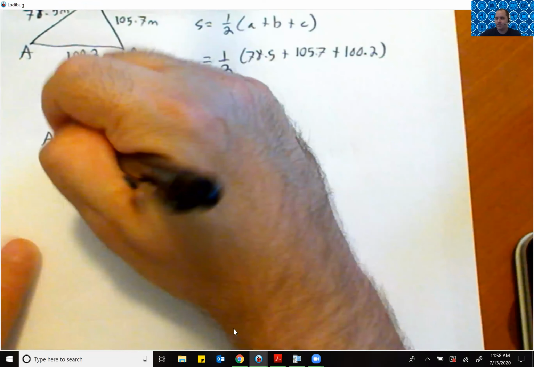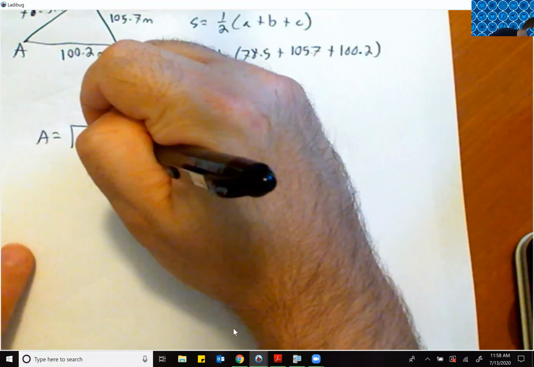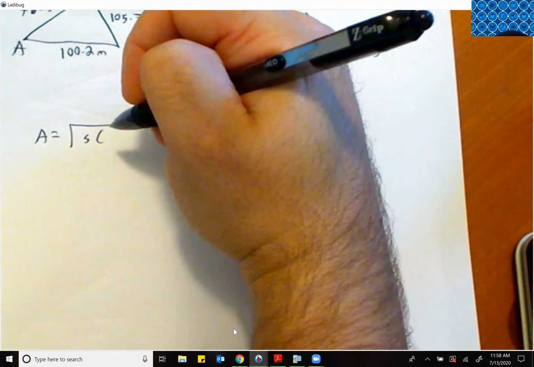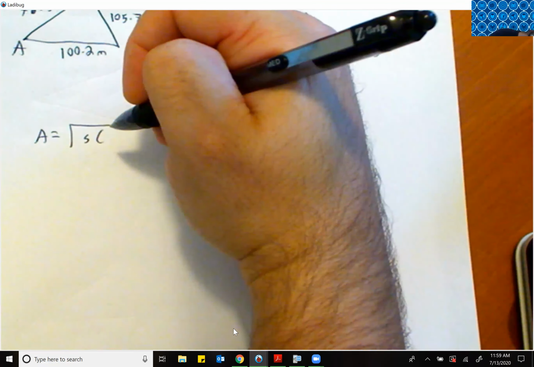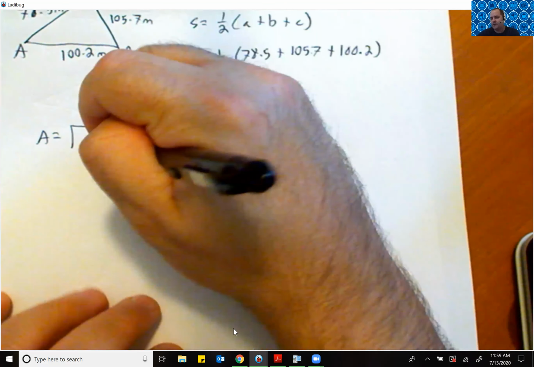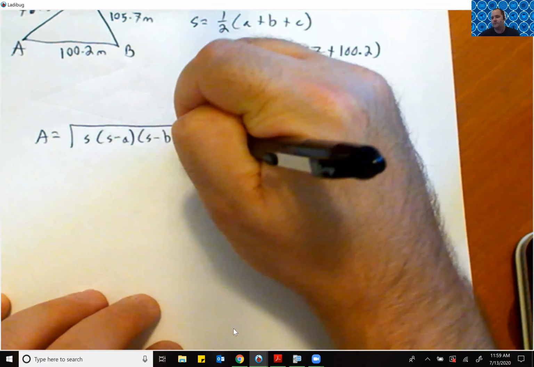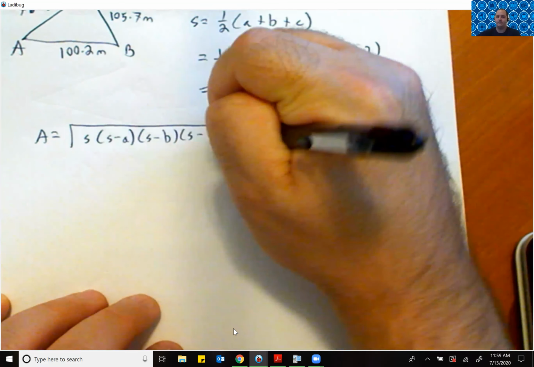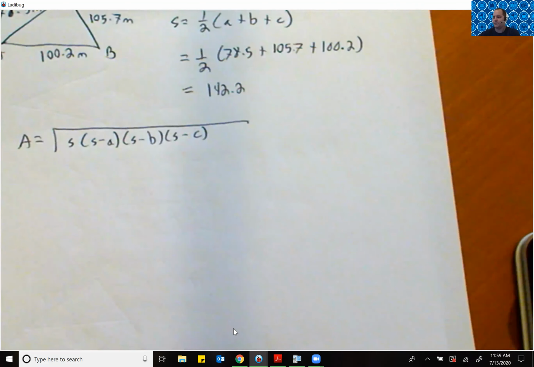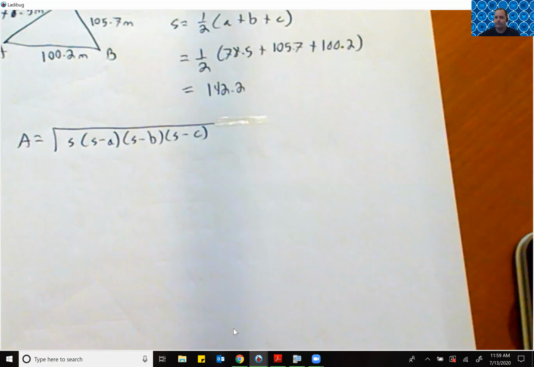Square root of S times S minus a, S minus b, S minus c. Okay? So all you have to do is plug in the a's, b's, and c's and the S, and then let the calculator do its job.